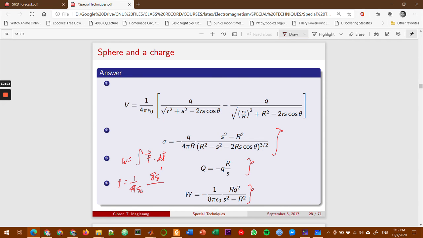Then the distance between the two is just S minus Z prime squared. You should be able to simplify this, then we have the expression for Q prime, substitute it, and Z prime is in the expression, right? Where Q prime is negative Q R over S, and Z prime is R squared over S. Substitute, you get F, and then substitute F in your W, to evaluate the integral, you should be able to get this.